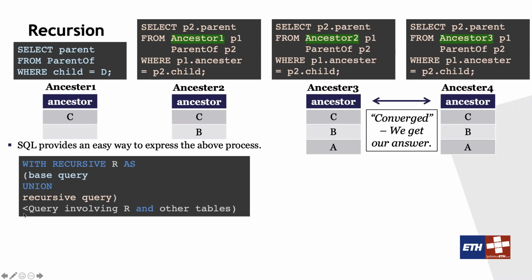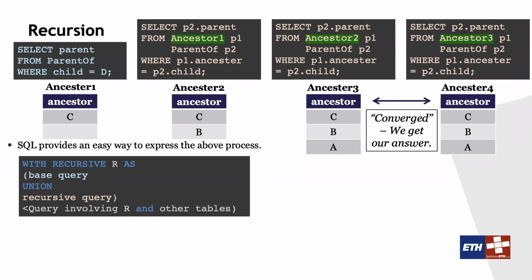So essentially, you define a recursive relation R with recursive R, and then you define that as two queries. You have one base query union with another recursive query, okay? The first 4 lines define a relation R, and we are going to define the semantics later. And then in the last line, you write a SQL query involving R using all the SQL constructions that we have learned so far, okay?